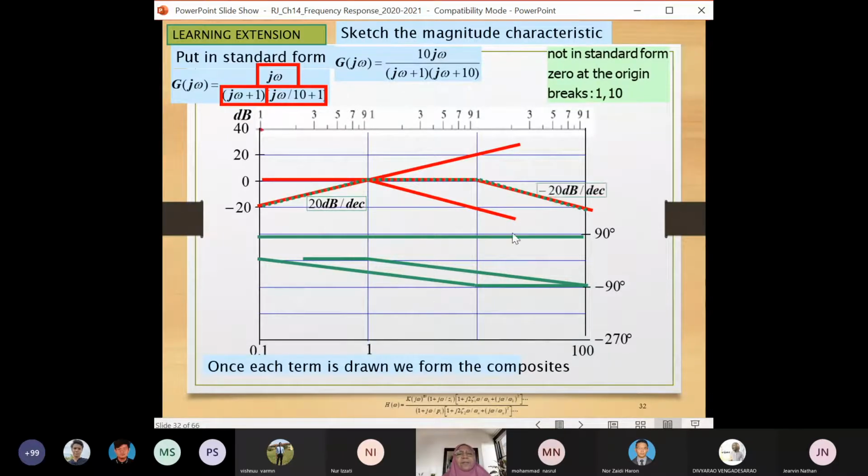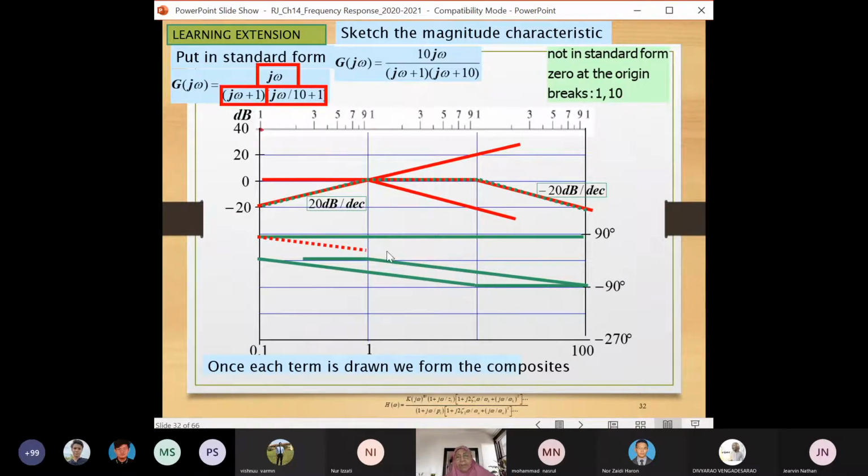For the phase plot, you combine them, this line plus the 90 degrees plus the 0. So this one, the line of negative 45 degrees per decade from 0.1 to 1, is elevated a little bit because of this 90 degrees line. And from 1 to 10, so 90, and here is negative, negative.